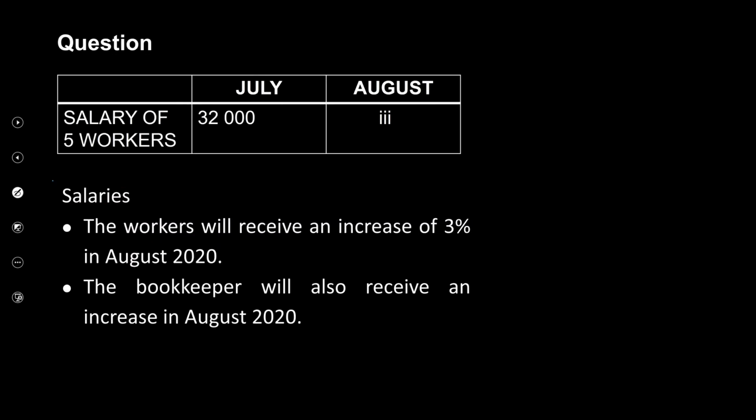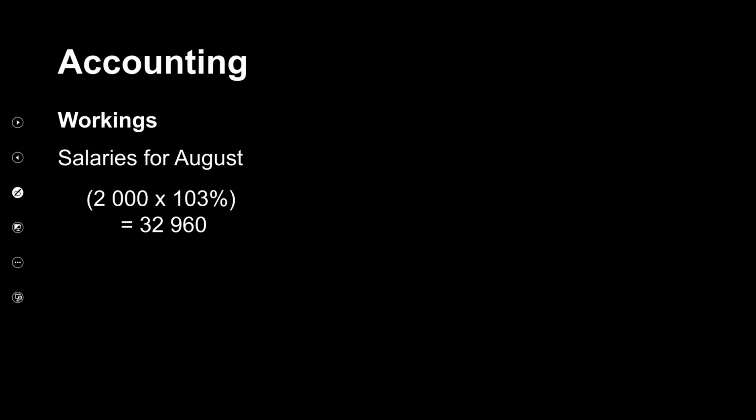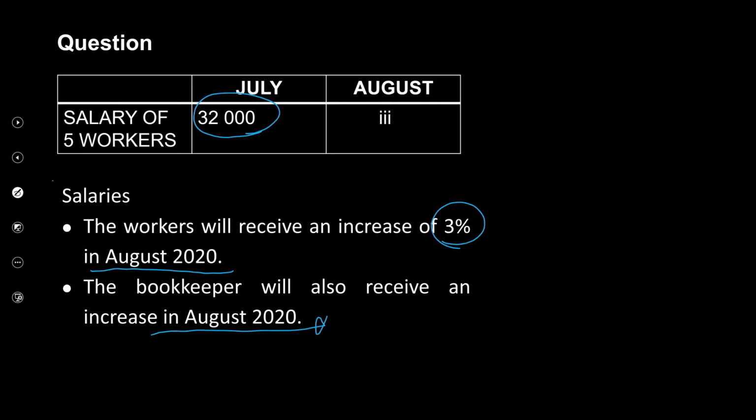We are told that the workers will receive an increase of 3% in August, right? The bookkeeper will also receive an increase in August 2020, right? There's your salaries of your 5 workers, 32,000 Rand, right? Again, based on the information that we have, the question said, calculate the amount that has to be paid to our salaries of our workers.